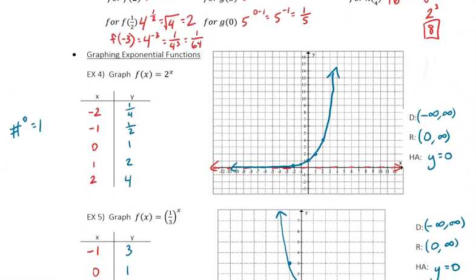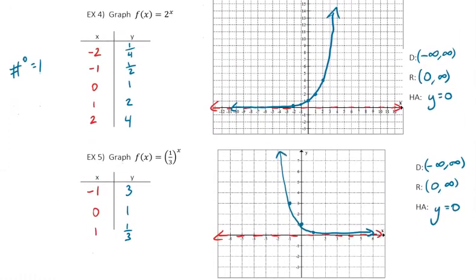So if we go back up real quick to our examples before, you can see both of them had 0, 1, because anything to the 0th power is 1, doesn't matter the base. Then we also had 1 comma that base, so 1, 2 for 2 to the x, or 1, 1/3 for 1/3 to the x, because anything to the first power is just itself.